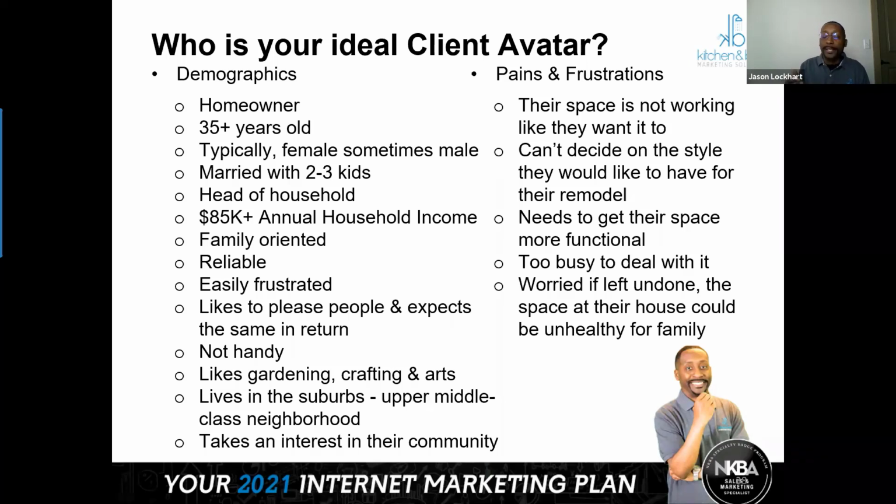Some of the pains they had were that they were tired of the space and needed it remodeled. They didn't have a fixed style that they wanted and were not sure, so they needed some design help or consultation to decide what they want to do. They were too busy to do it themselves, and worried that if left undone, the space would be unhealthy for their family.